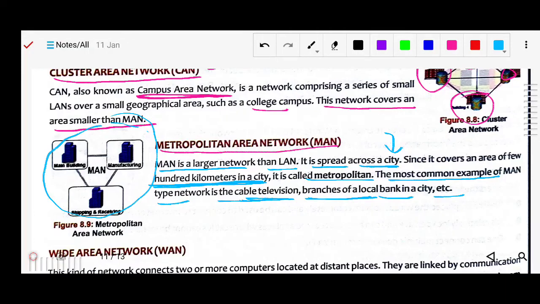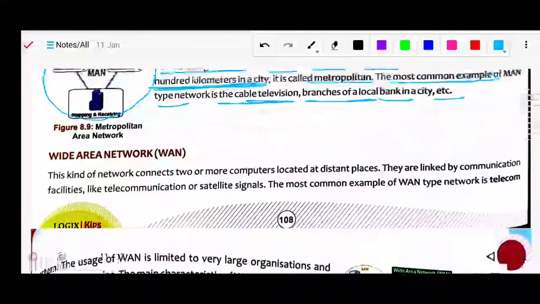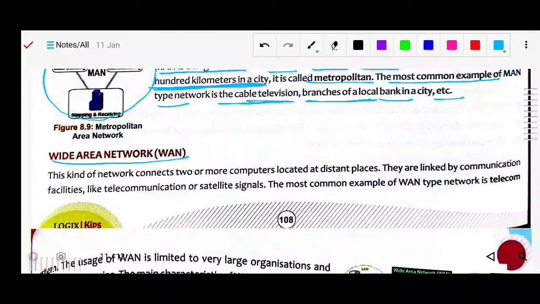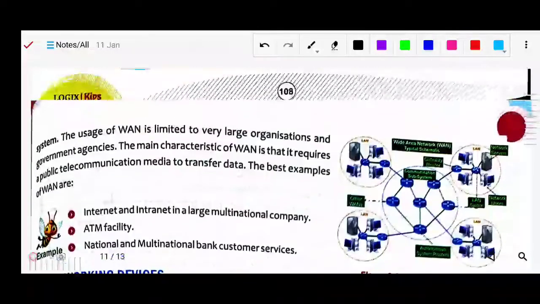Next is the wide area network, WAN. This kind of network connects two or more computers located in distant places. Distant place means a different place, not in a city, but much farther than that. They are linked by communication facilities like telecommunication or satellite signals. The most common example of WAN is the telecom system.